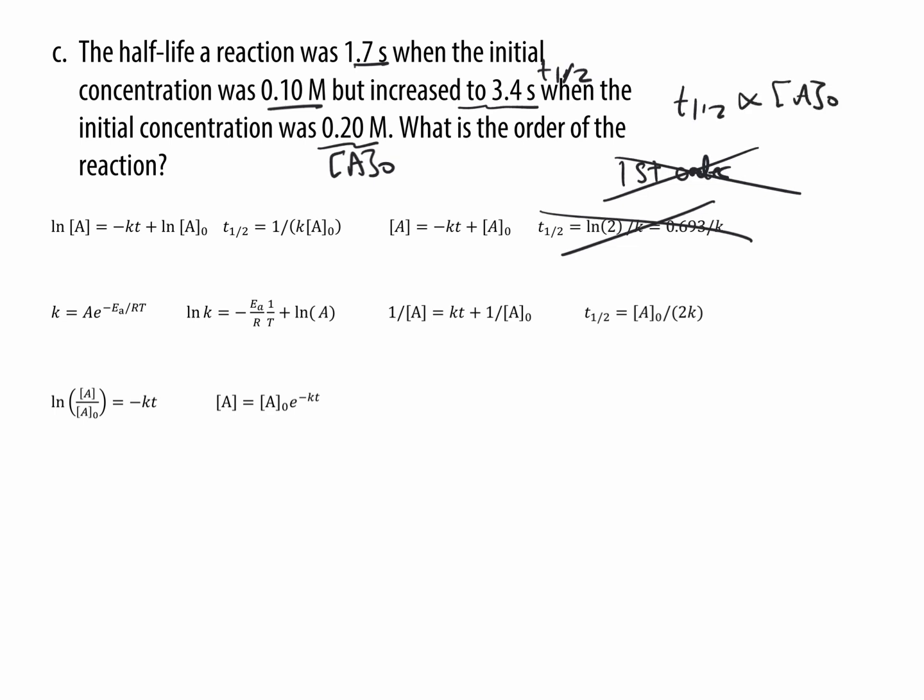They're directly related. I doubled the concentration and the half-life doubled. The equation that matches that is this one right here, which has A naught on top, which means that this is the 0th order half-life.